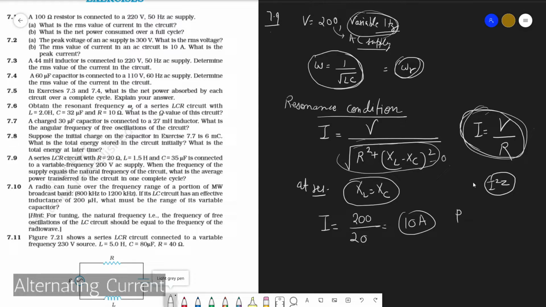But since the reactive term became 0, Z is equal to R. So the power is nothing but I square R, which will only be dissipated, because the capacitor and inductor will not be consuming power, and the voltage drops across the capacitance and inductance will cancel out. So P equals I square R, which is 10 square into 20 ohms. This is 100 into 20, which is 2000 watts or 2 kilowatt.